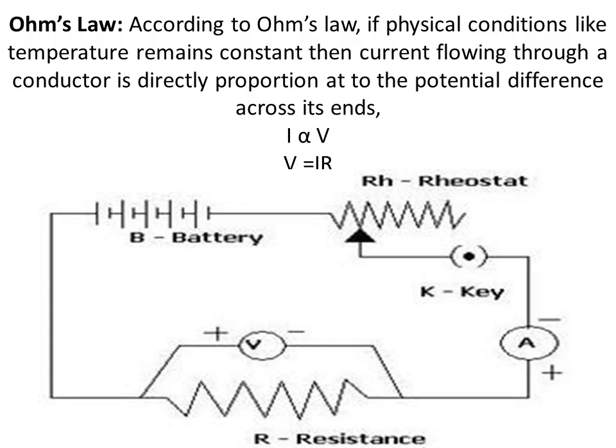Here this figure shows a circuit for Ohm's law, in which the battery is a combination of cells connected in series. Another is RH, a rheostat, which has a variable resistance to change the resistance value in the circuit.